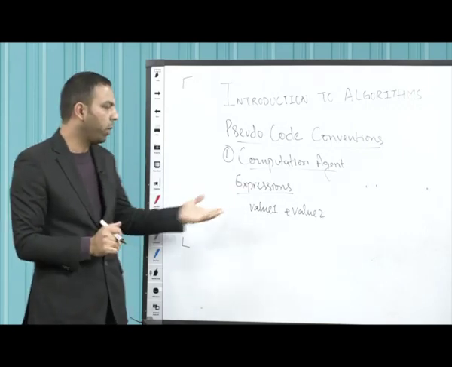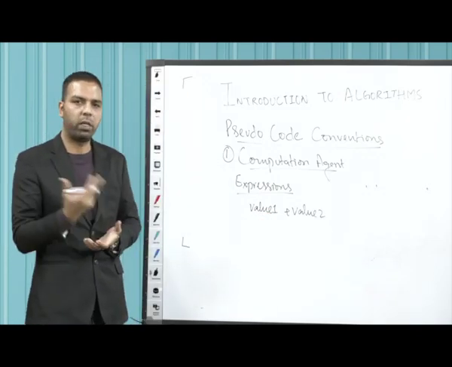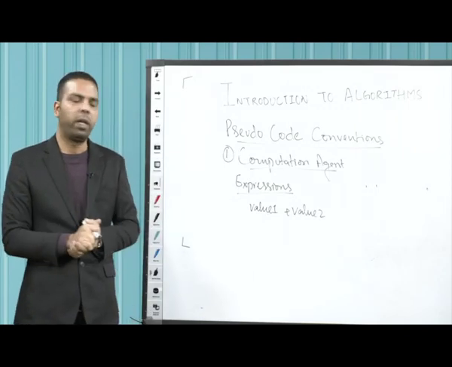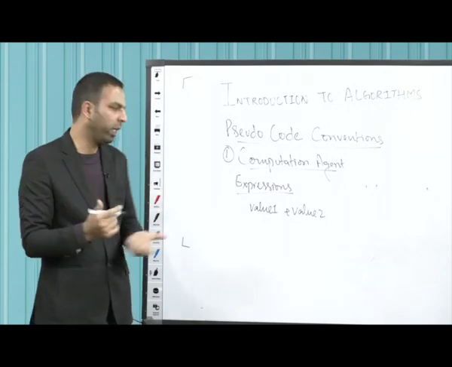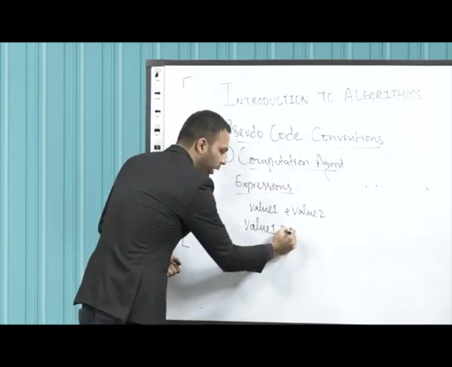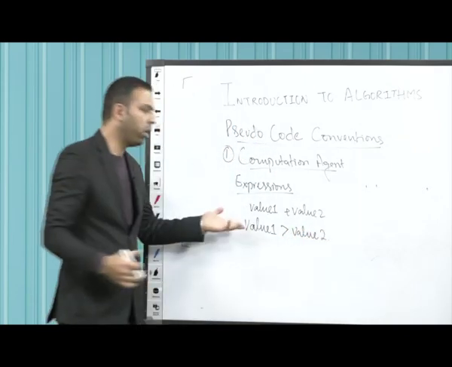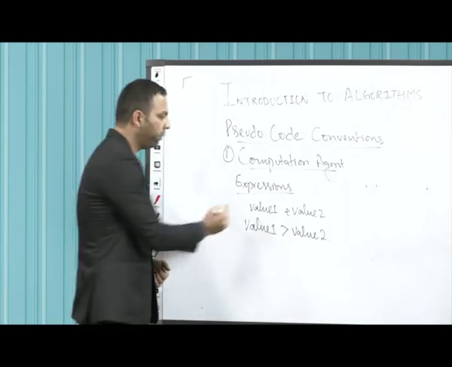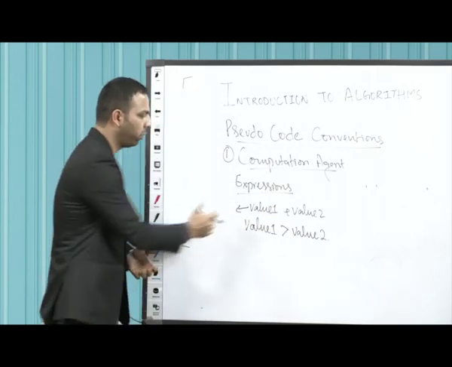These expressions will obviously have an integer or a float, meaning a numeric value. There are some expressions which don't have a numeric value. They have what we call a Boolean value. Boolean means true or false. If you use value 1 greater than value 2, you are comparing these two.